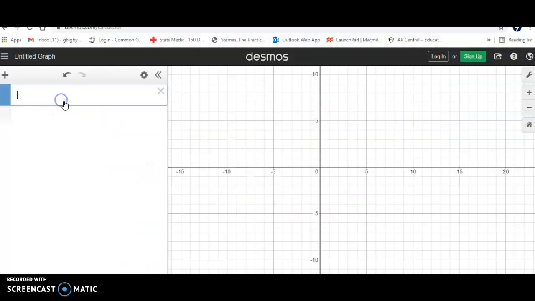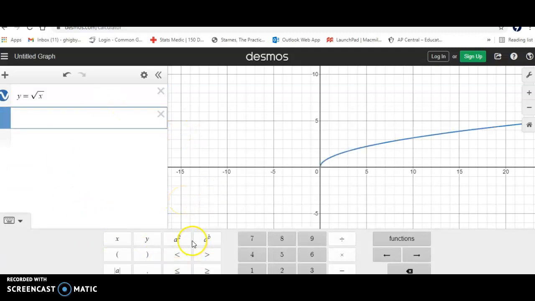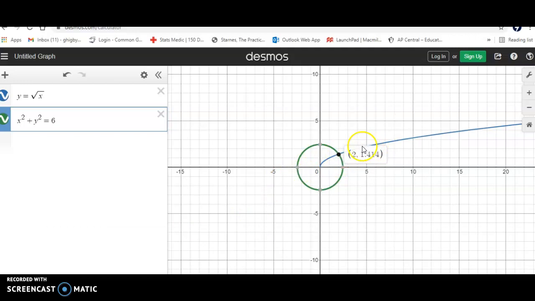So if I were to just type in those two equations, y equals, I've got to find it somewhere in here, the square root button is right here. And then x squared plus y squared equals 6. And there's only one point of intersection. Now the downside to Desmos is, for whatever reason, it doesn't give you exact values.